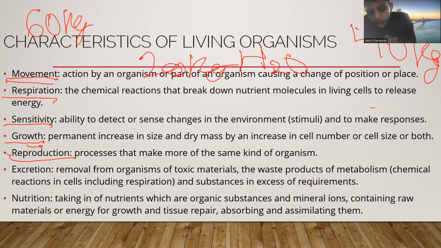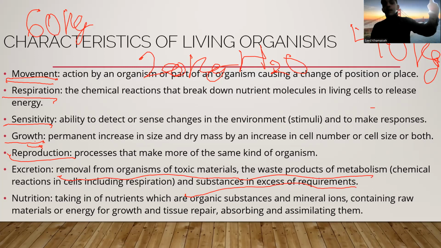Firstly, we need to understand this: removal from the body of waste products of metabolism, toxic materials, and substances in excess of requirements. Toxic materials, like carbon dioxide, are waste products of metabolism, which the body produces. Substances in excess of requirements means the body has a sufficient amount of a substance and there is some excess, so it will excrete it.